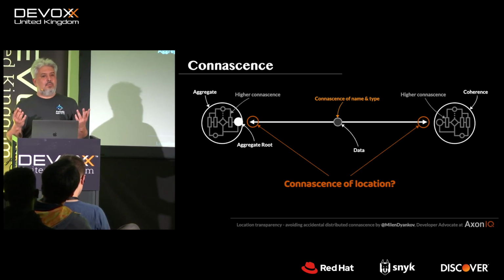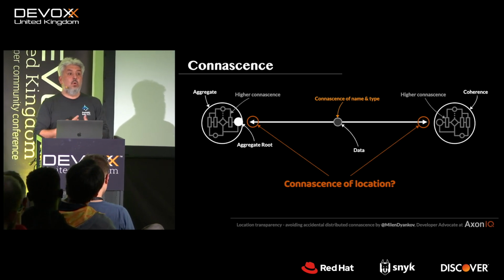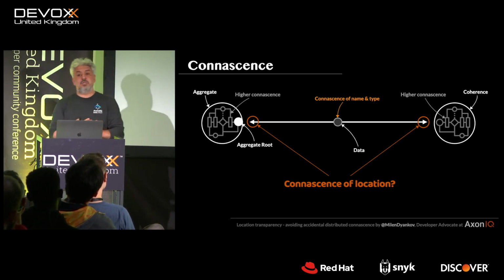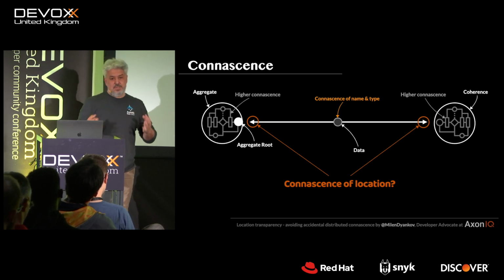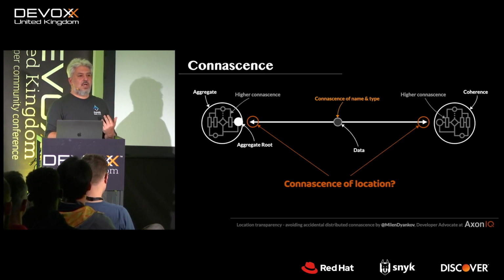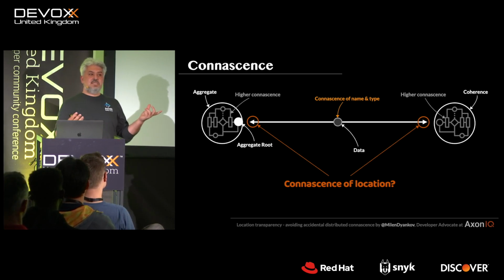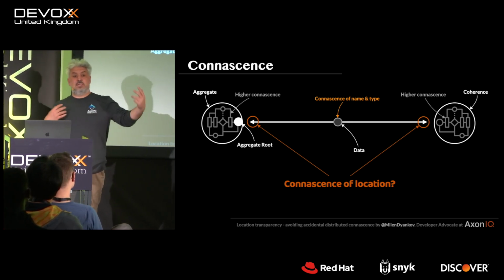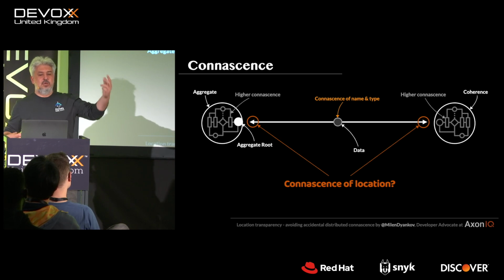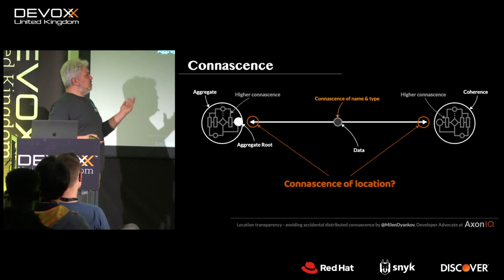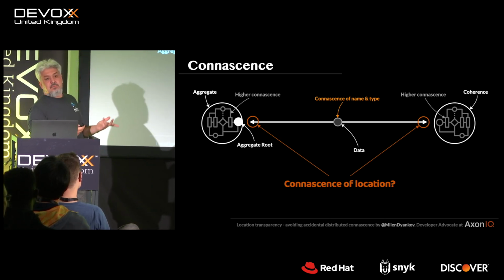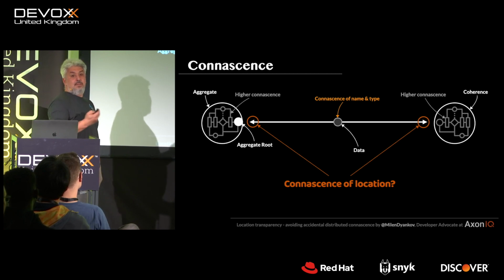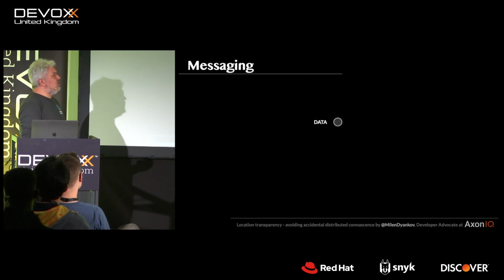It becomes a problem when you want to change things, when you want to go from a monolith to a microservice, when you want to extract pieces, when you want to do different types of communications. All of a sudden, there's an assumption that something's on the same class path, or in the same class or same package or whatever. That becomes a problem, right? That becomes apparent. So how do we deal with that?